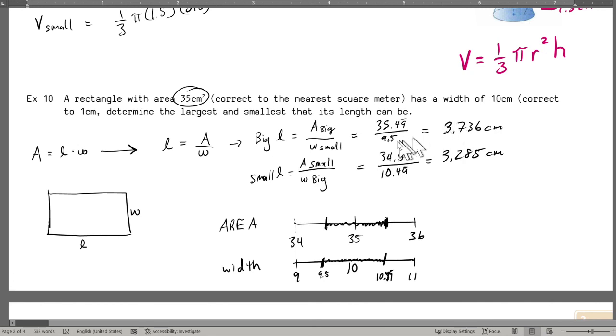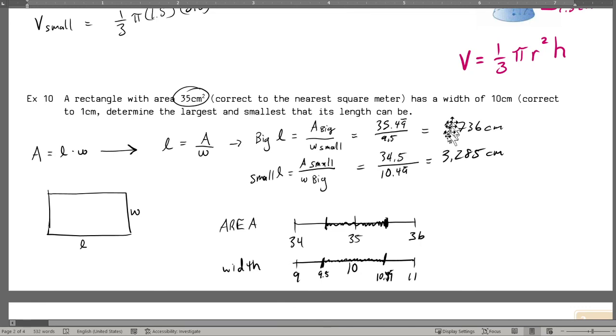That's kind of the idea here. Again, what we're trying to do is take into consideration that each one of these measurements, the area and the width, has a bit of potential error in it. Therefore, the biggest length would be in the case that it had a big area and a very small width.